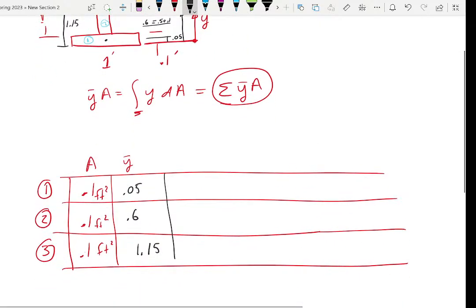Now what I'm going to do is multiply these two. These shouldn't be too hard to do, so I think I could do them on my calculator. 0.1 times 0.05, 0.005. This would be A times the y bar. Okay, 0.6 times 0.1, 0.06, 1.15 times 0.1 should be 0.115.